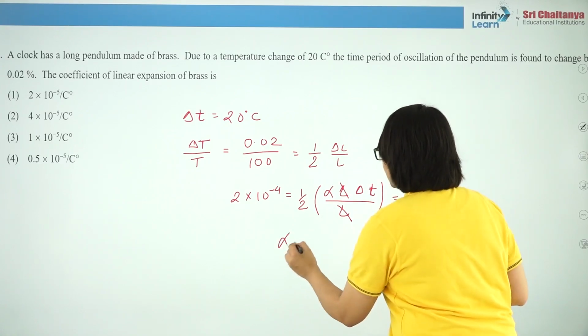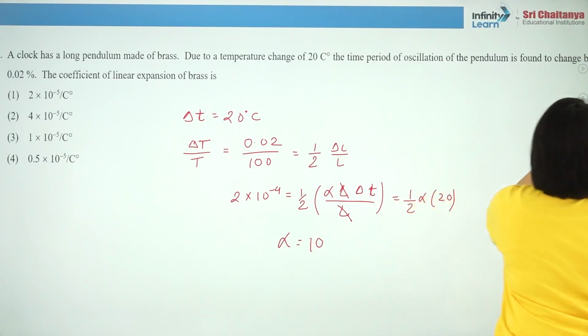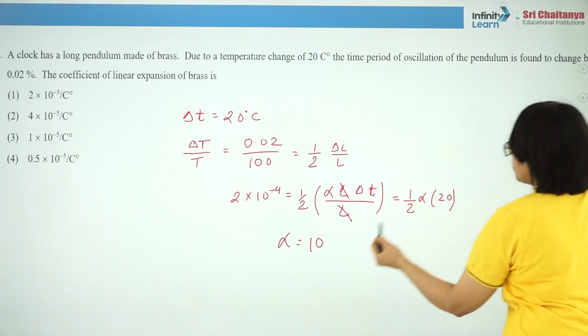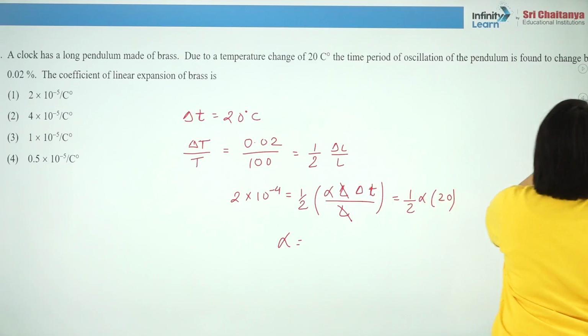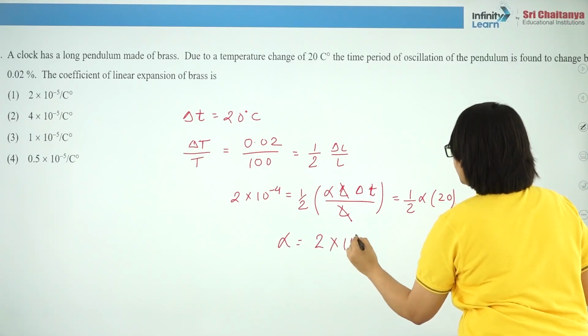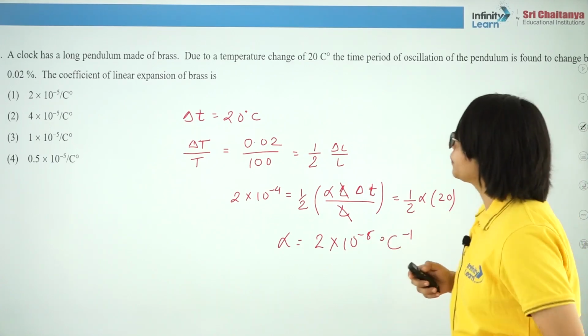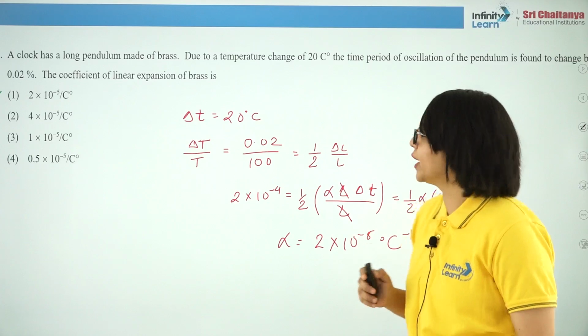So, alpha will be 2 into 10 power minus 5, right. So, alpha will be 2 into 10 power minus 5 degree Celsius inverse, which is option 1.